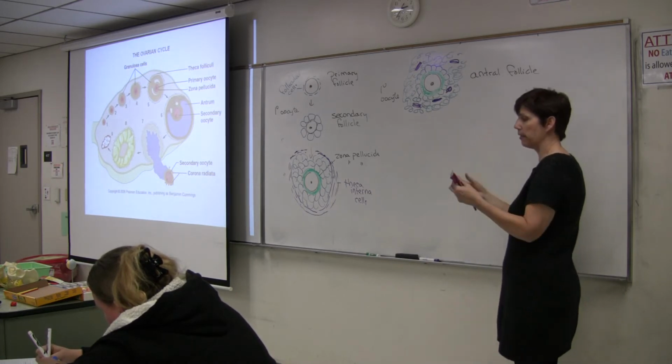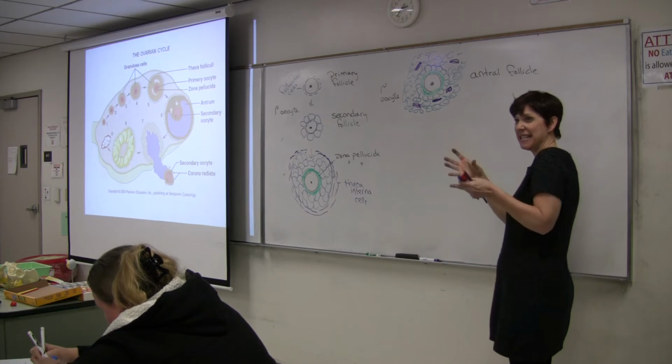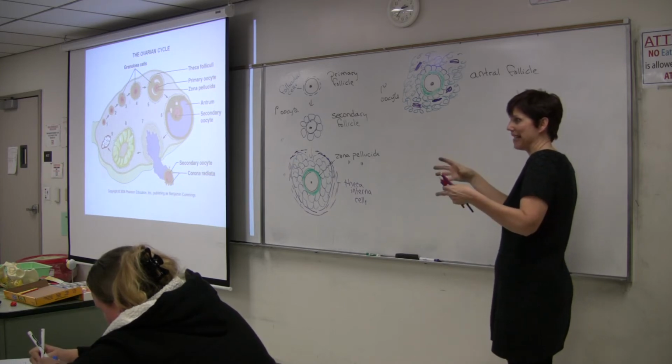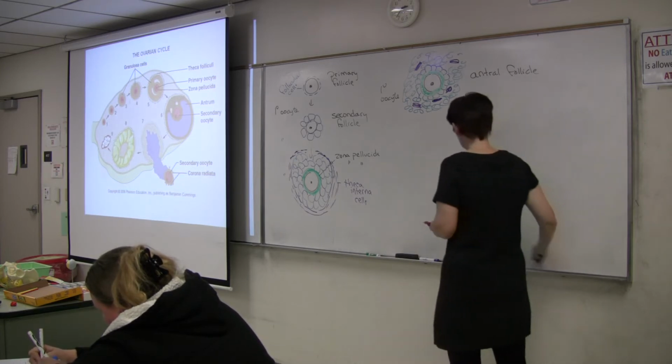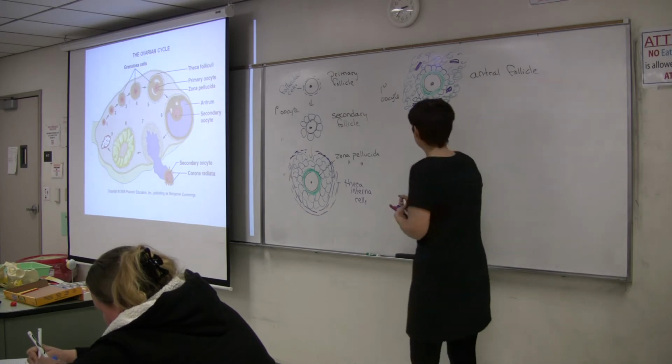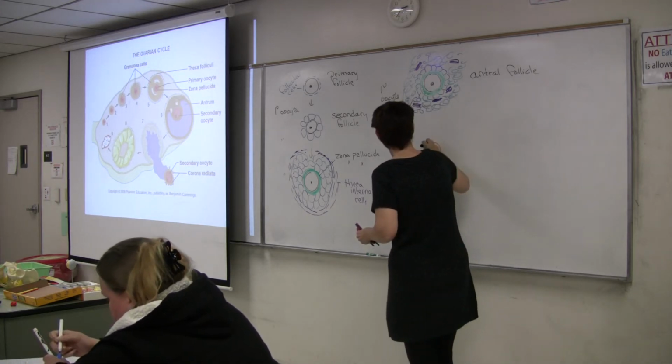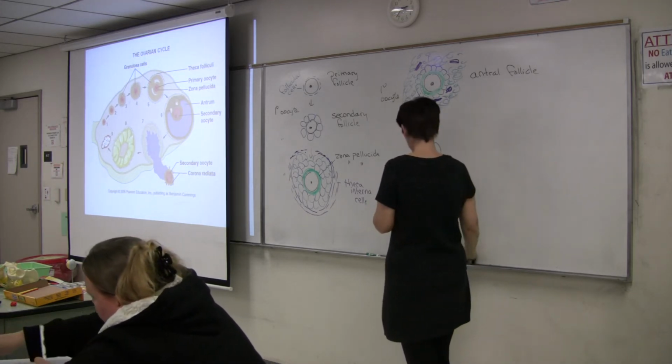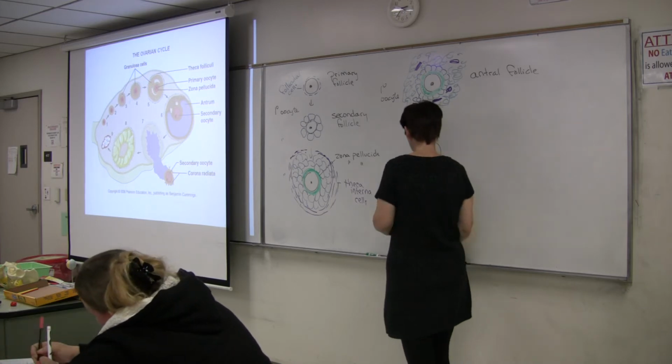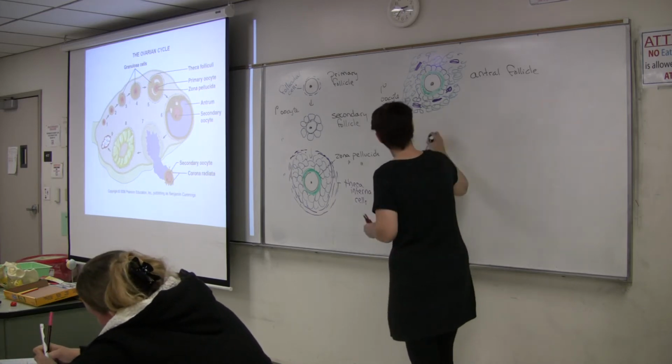Now, again, as we progress, those various spaces coalesce into one large space. It's still an antral follicle, which is farther along. Primary oocyte. I'm not going to make that zona pellucida quite as big.